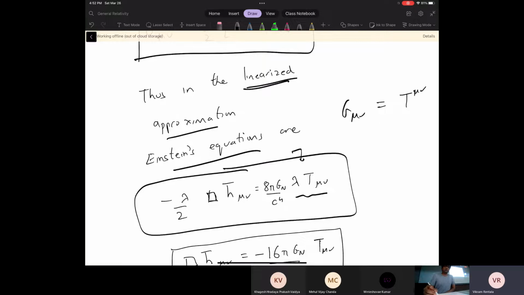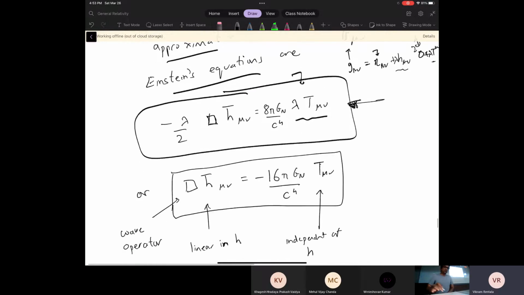So you're solving for g mu nu, and you expand g mu nu as eta mu nu plus h mu nu, and t mu nu you expand as vacuum plus order lambda. If I take the 0th order pieces on both sides, that's trivially satisfied. The first order piece is the equation that you have to solve, and it's really simple.